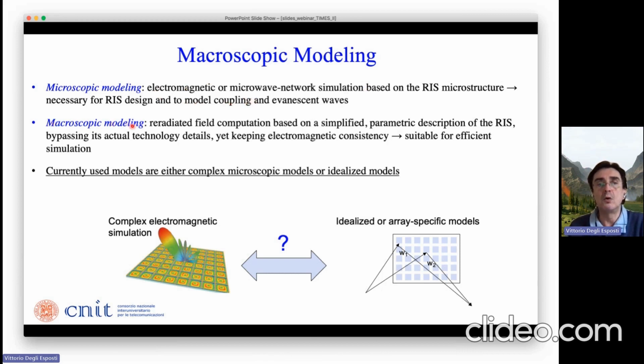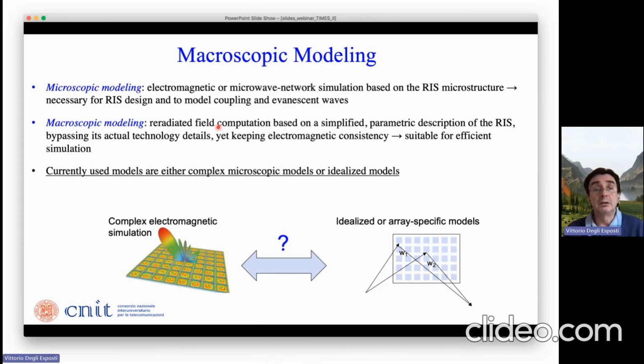Otherwise, we can have so-called macroscopic modeling, where the radiated field is found based on the simplified parametric description of the RIS, bypassing its actual technology details and yet keeping physical consistency. So such models are simpler and more suitable for efficient simulation of RIS-assisted systems.